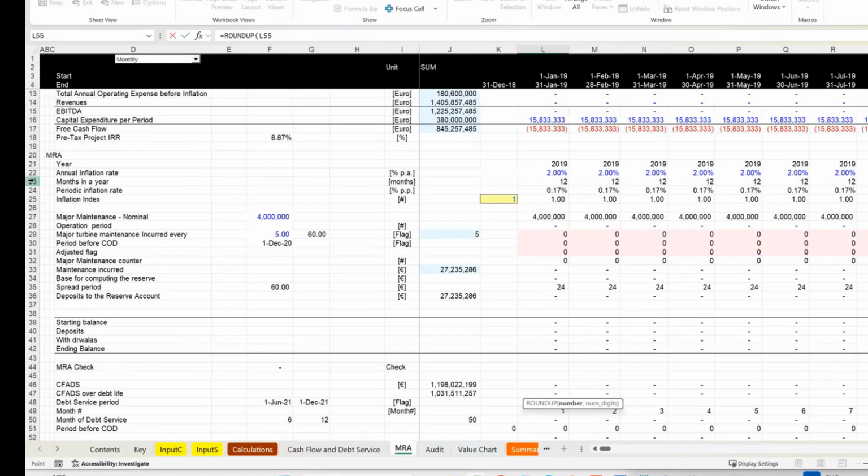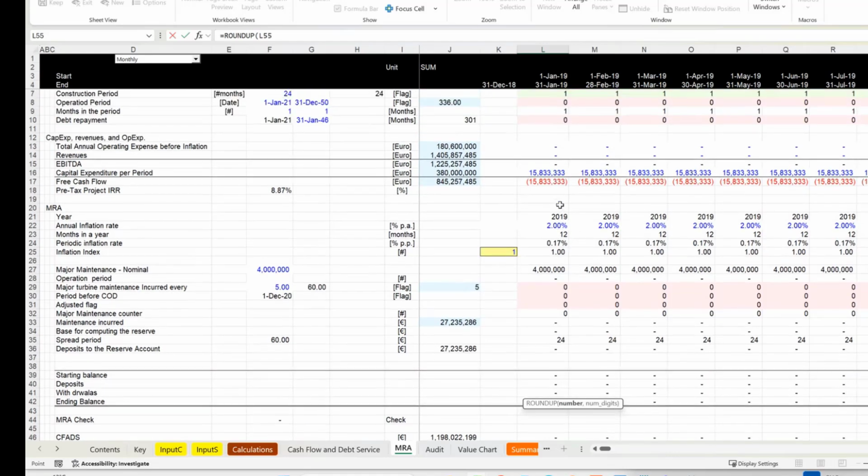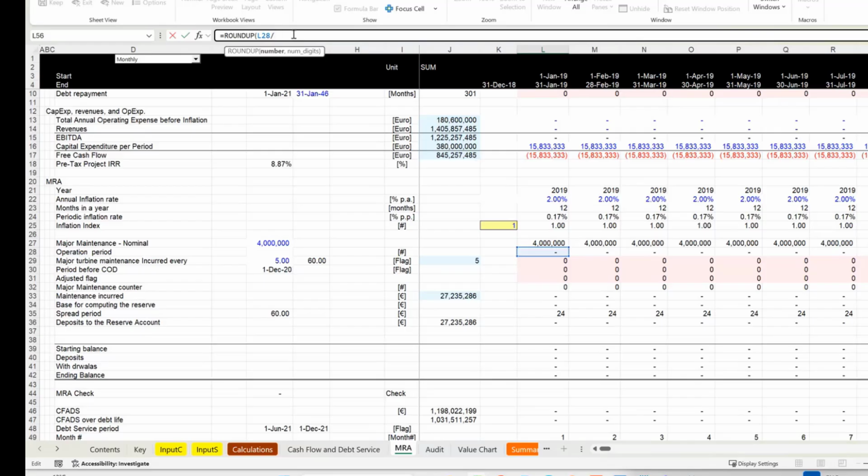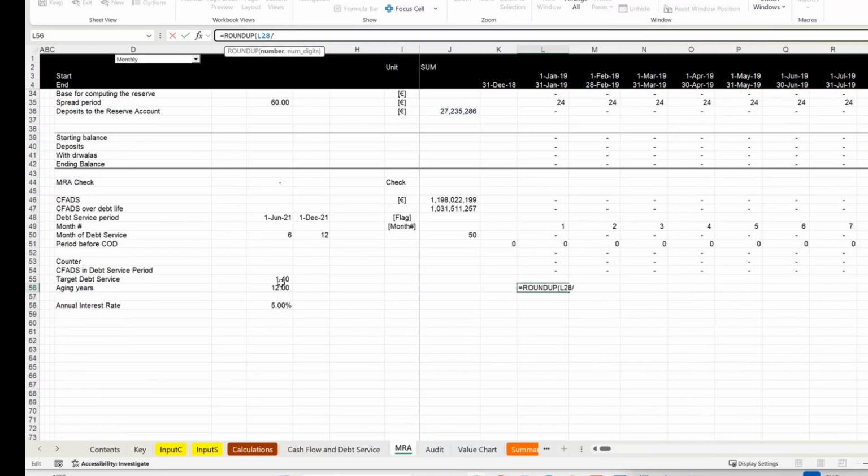It's operation period. Okay, sure. Yeah. It should be operation count. Okay, so round then up this, divide that by the 12 over on the side. Lock it, F4, and then put comma 0.